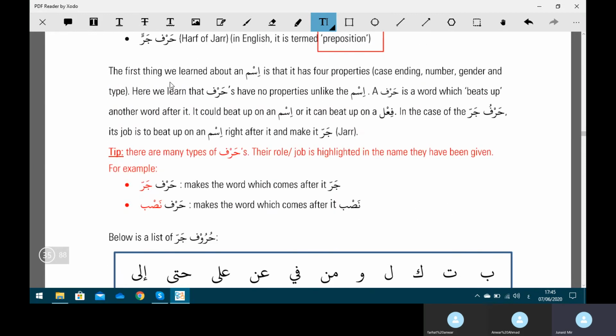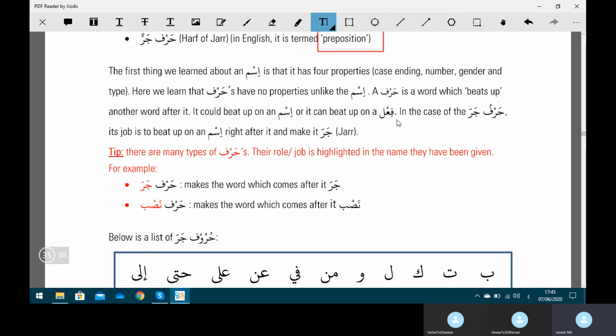So here we learn that huruf have no properties unlike the ismun. That's what we mean by that. A harf is a word which beats up another word after it, meaning it changes the case ending of the noun after it. It could beat up on an ism or it can beat up on a fi'l.